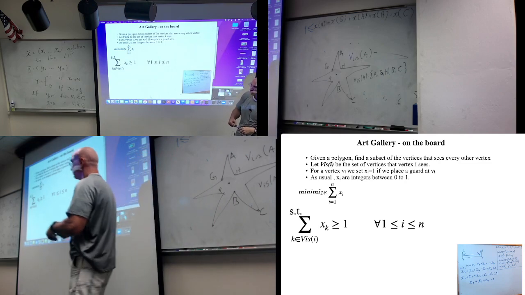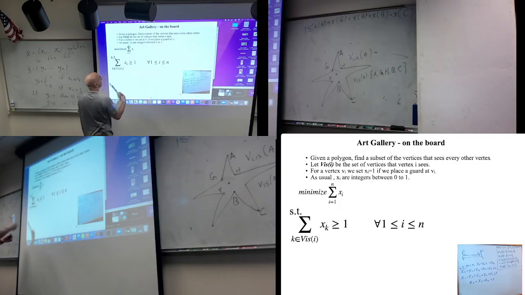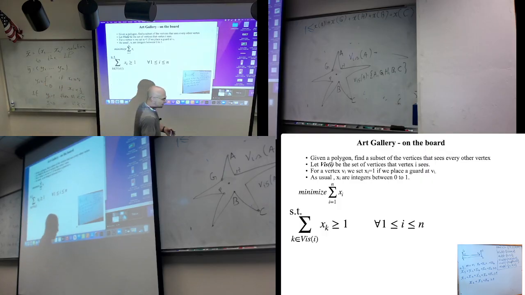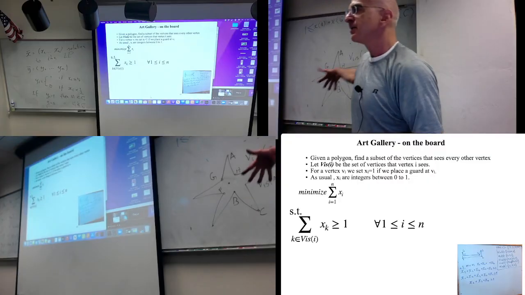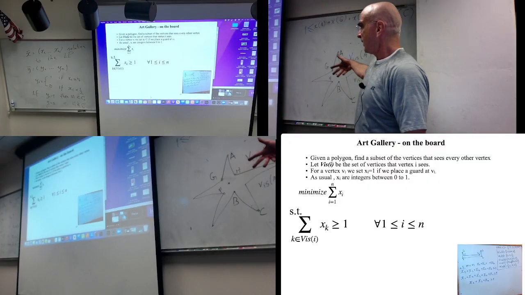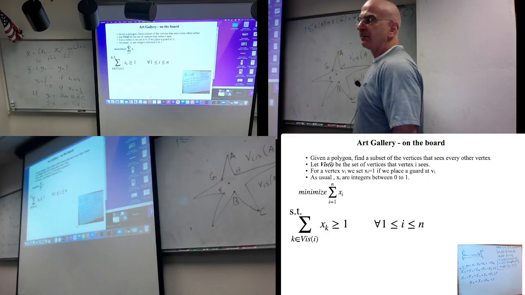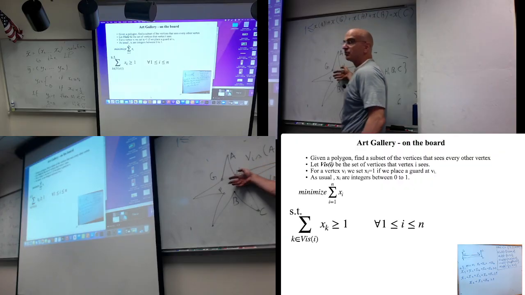And what am I trying to minimize if I just care for the number of vertices? It will be minimize the sum of the xi, the sum of the guards that you are using. This algorithm is less useful if you want to solve the art gallery directly, because the ILP might be really large, especially if you have lots and lots of points.